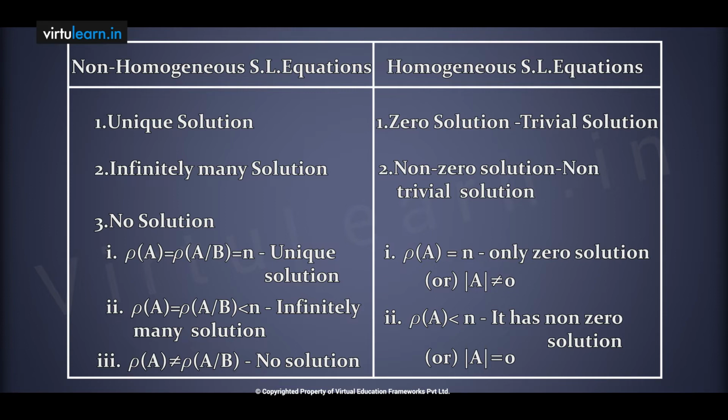These are the concepts, right? Now, non-homogeneous system means on the RHS at least one number is not equal to 0.